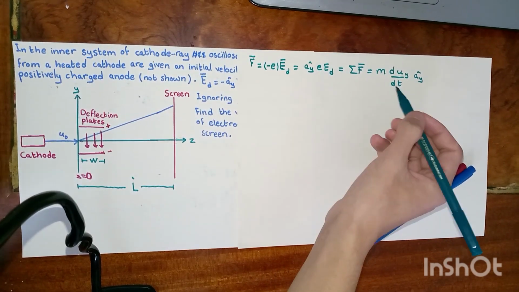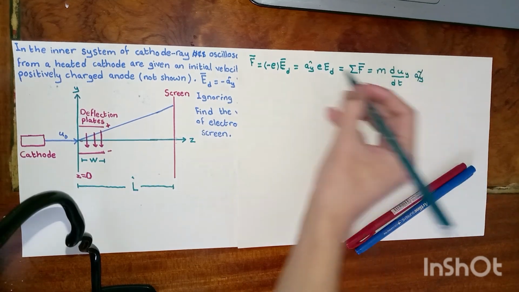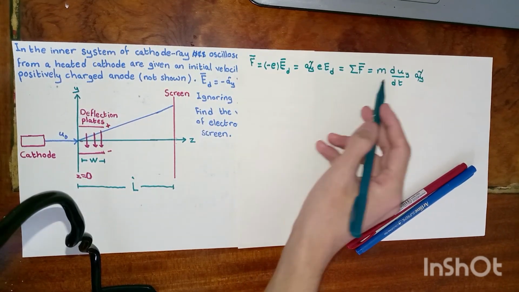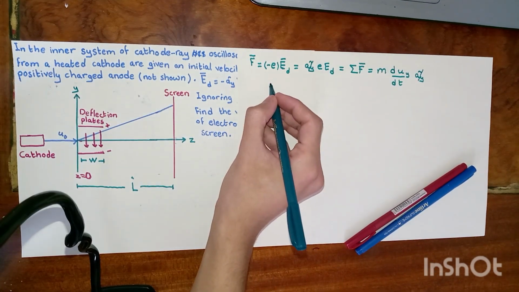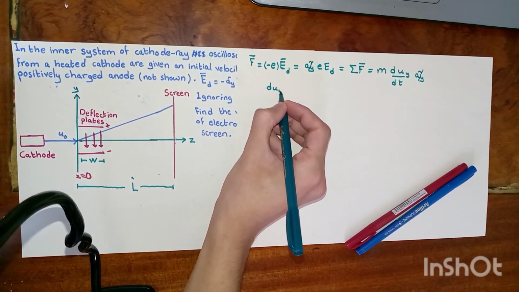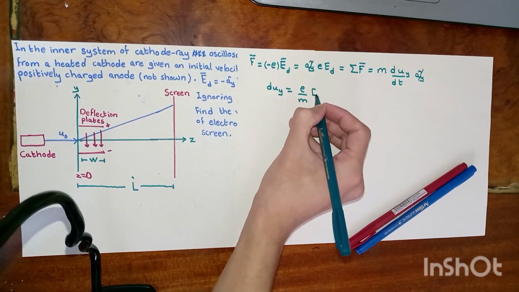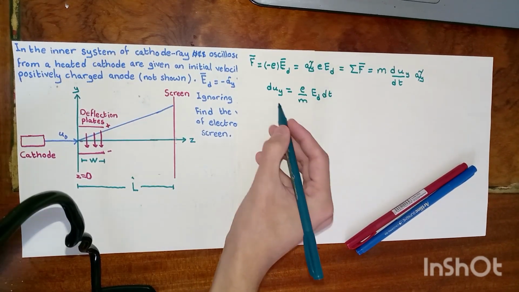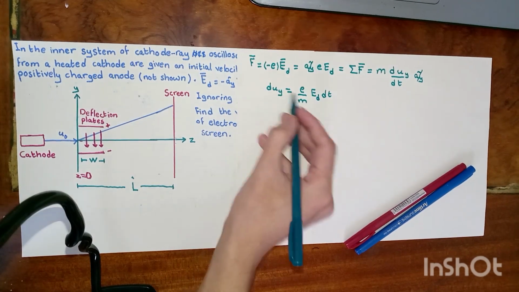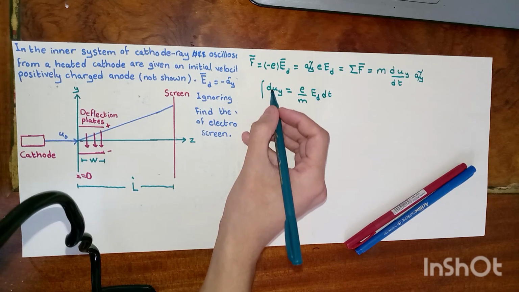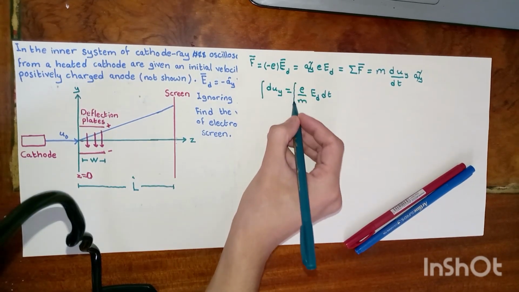We can eliminate the unit vectors, and we can write this equation in this way. Now take the time integration for both sides.